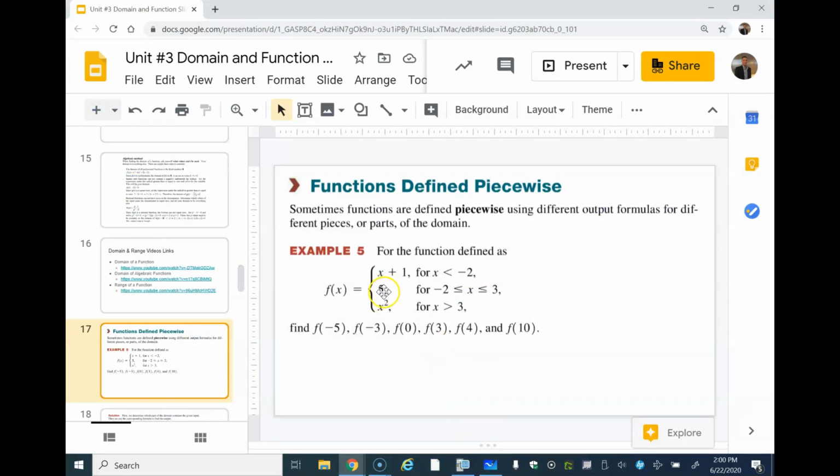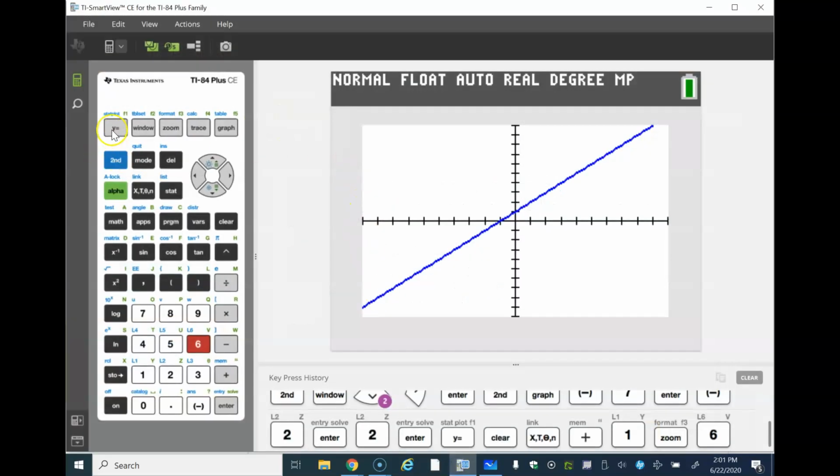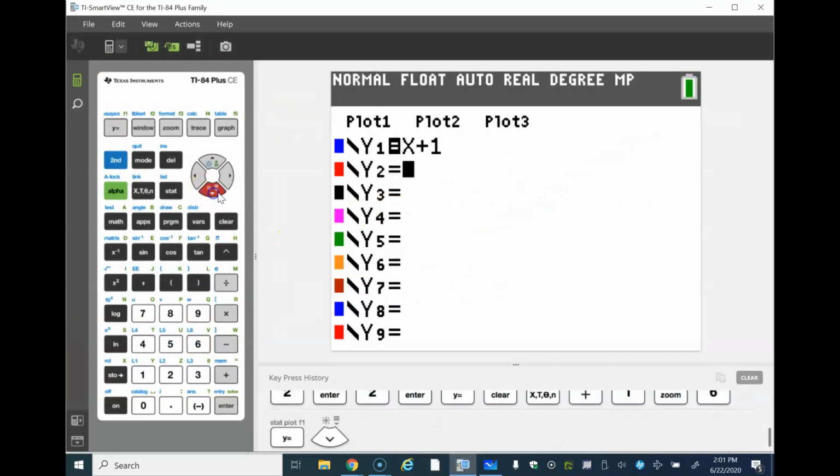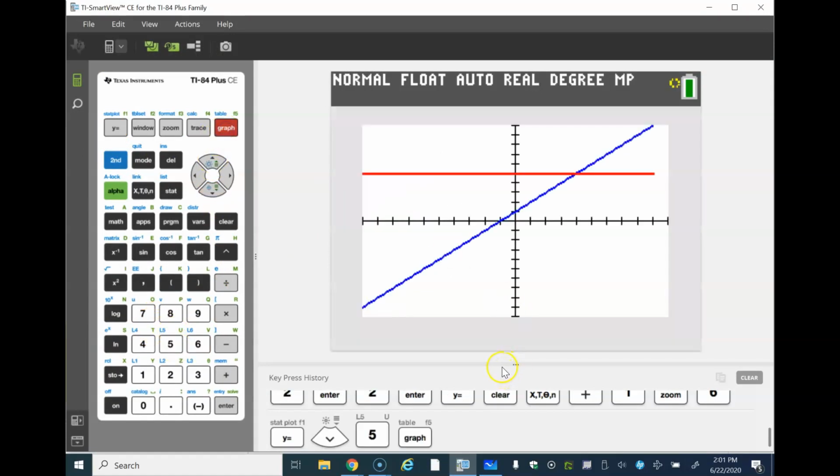The next one is y equals 5, and all these are y equals. This f of x is the same thing as saying y. So y equals x plus 1, y equals 5, and y equals x squared. So going back to our calculator, if I just put in 5 and then hit graph, I don't need this full length here.